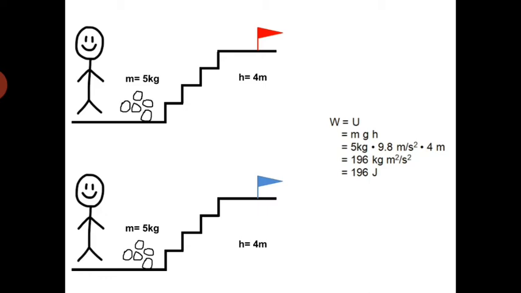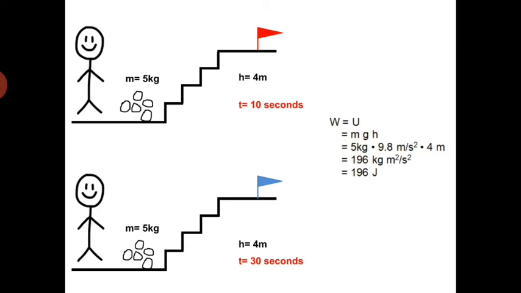Now class, though they have equal amount of work done, they could accomplish that task in different amounts of time. Say person 1 here on top finished it in 10 seconds, and person 2 at the bottom finished it in 30 seconds.